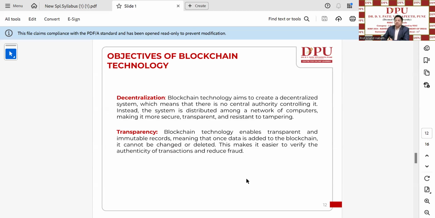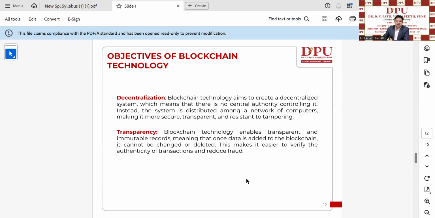The second objective is transparency. It enables transparent and immutable records. Anybody can read the records in the blockchain, but they cannot make a change. Once the data has been added to the blockchain, it cannot be changed, altered, or deleted in any way.